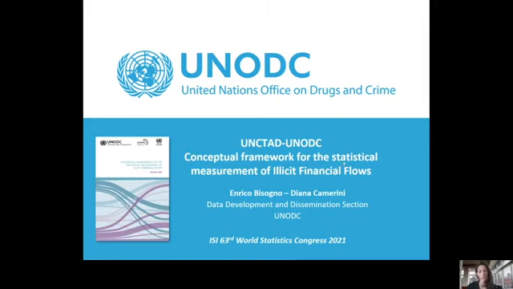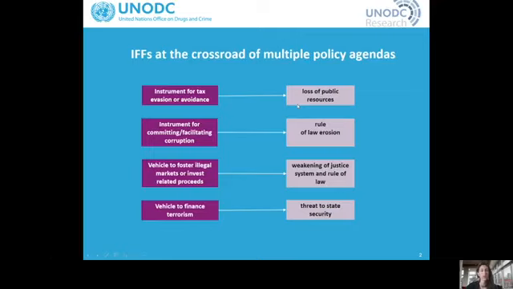Illicit financial flows are a phenomenon illicit by definition, and no official statistics exist. However, they have a tremendous impact on social security, peace, justice, and sustainable development. Illicit financial flows are at the crossroads of multiple policy agendas. They are an instrument for evasion and/or avoidance and therefore imply a loss of public resources.